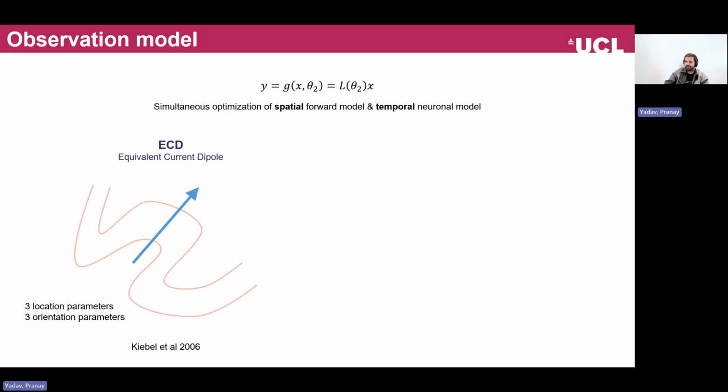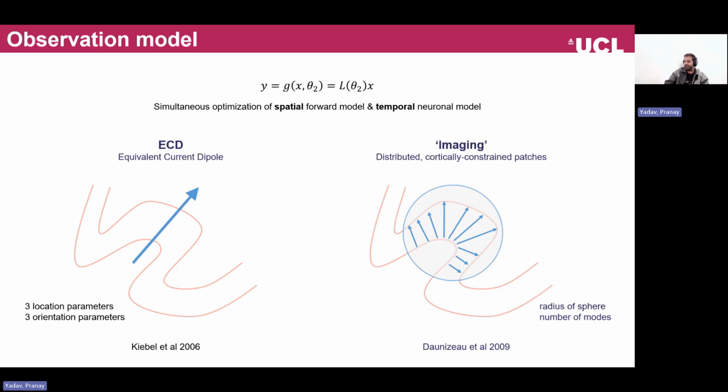If we are very confident about the location of our ECD, we can lock it and we need not optimize it from data. The other way is the imaging approach, which now has multiple dipoles all on the cortical surface. We have to choose for each source the radius of the sphere and the number of eigenmodes to consider across these dipoles within that sphere.